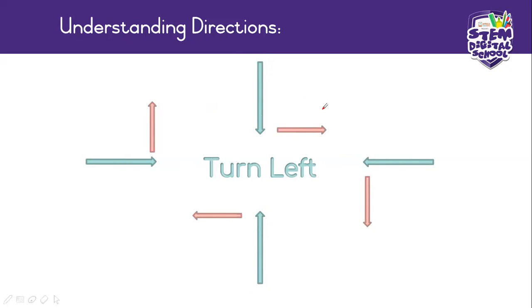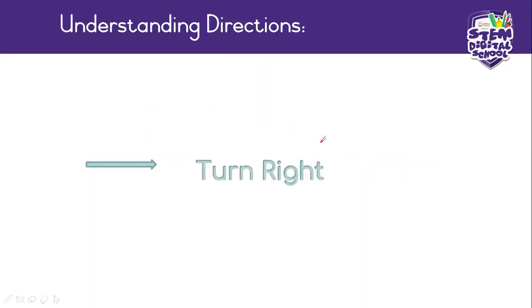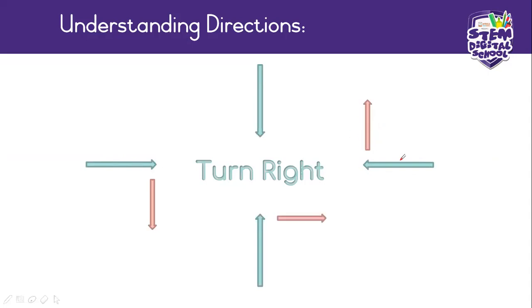It is a little bit hard to remember. So sometimes, like I said, you have to imagine it's you standing there. So which side will be left and right? With right, it's the same. If Laurel's facing this way and we say turn right, it means she will be turning down. If she is facing that way, and we say turn right, she will be turning up.